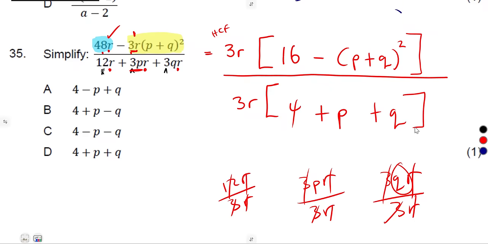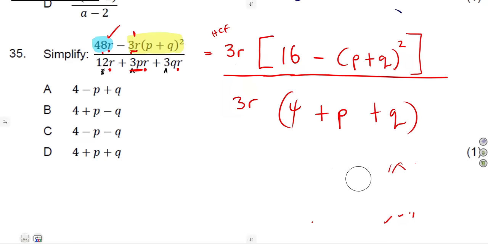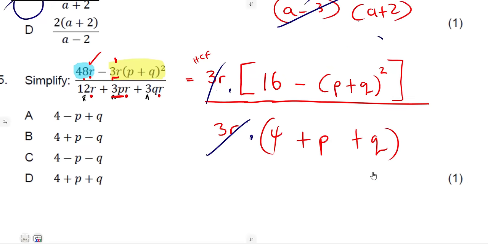So this is what you're going to remain with, of which here there was no need of even having these brackets like this. You can just have a proper bracket like this. The denominator, we factored out 3R. The numerator, we factored out 3R. We can cancel that. It's a product, remember? So that can cancel.